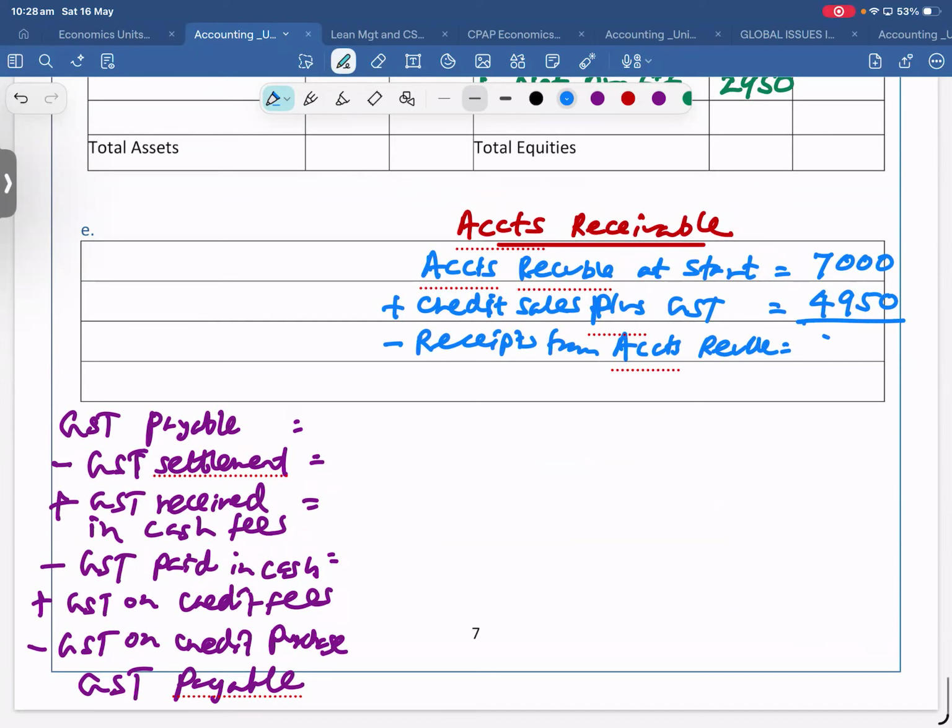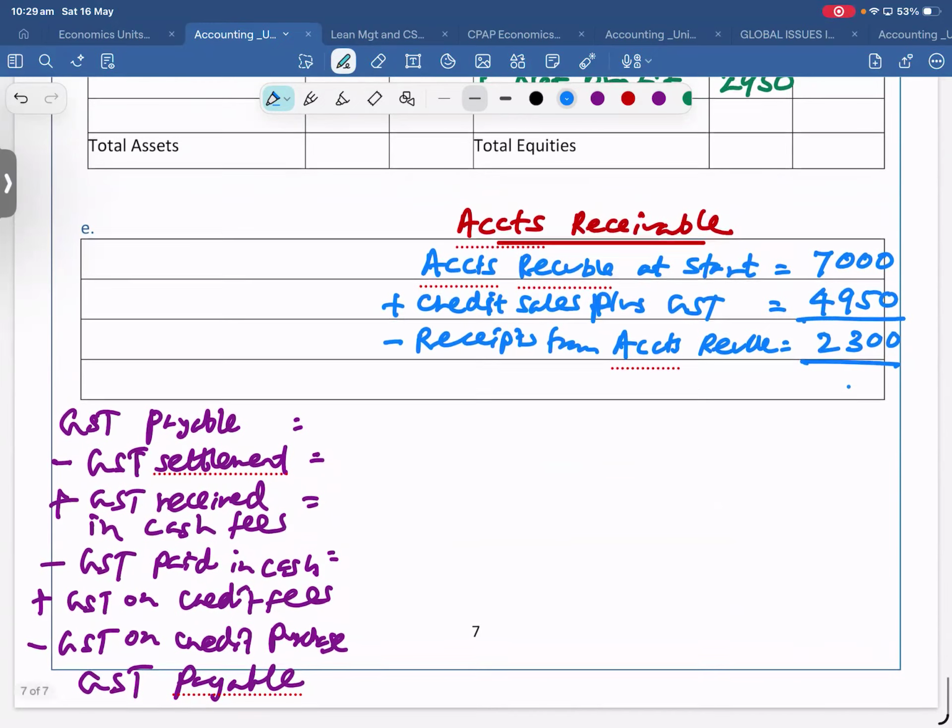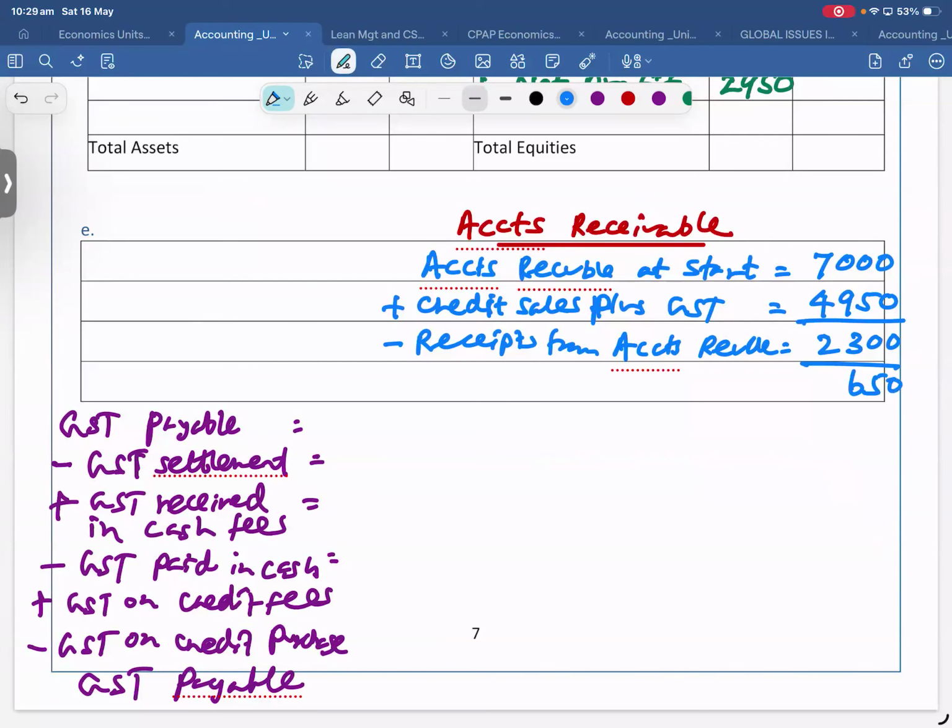But when they pay 2,300, we subtract it, meaning they don't have to pay this amount anymore. As a result, we get the amount that they have to pay us, 9,650. This is the accounts receivable at the end of the period.